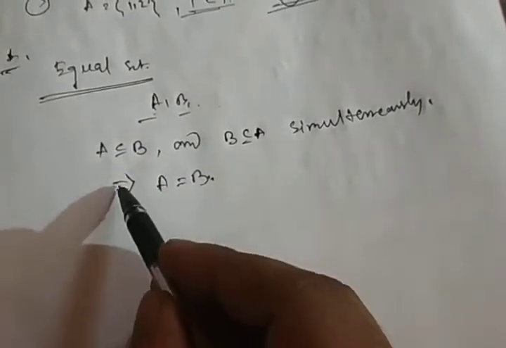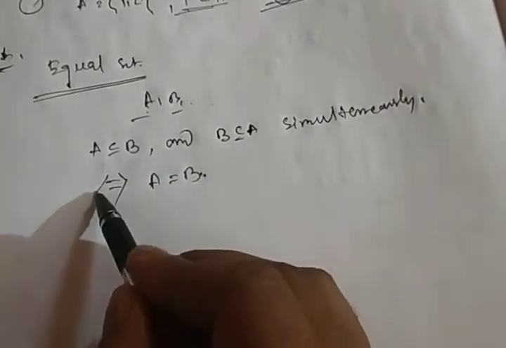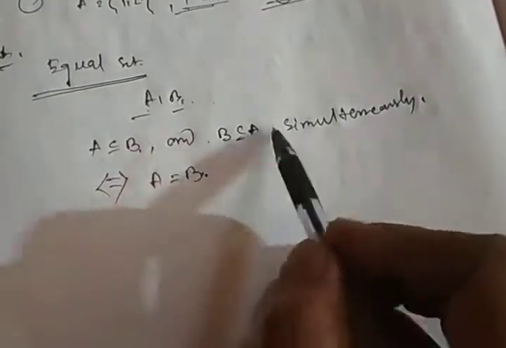So A equals B is implied by and implies A is a subset of B and B is a subset of A.